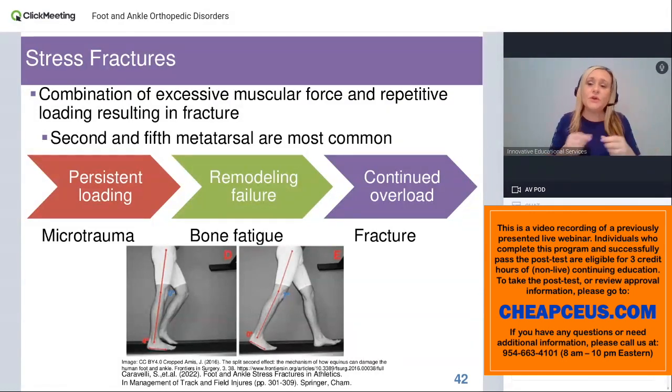That persistent loading creates a little bit of microtrauma to the smaller bones of the foot, metatarsals, sorry. They're unable to heal because the force continues, and then it leads to overload and eventual fracture of those bones as the bone fatigues.